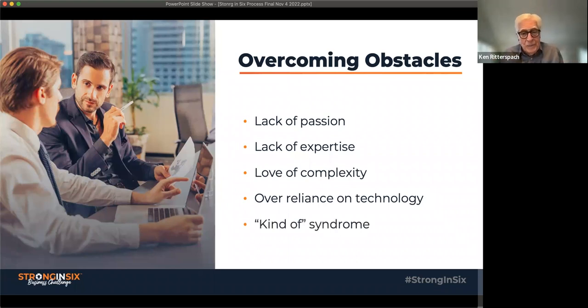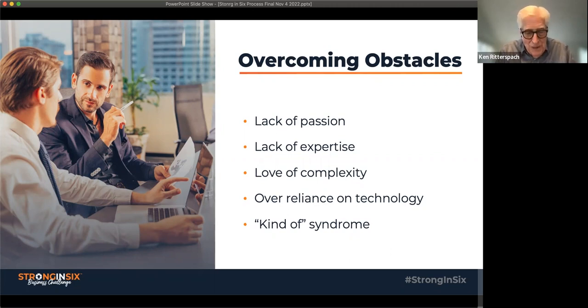The "kind of" syndrome. I love this. In the book, Peyton and Gonzalez talk about this, and it's a really fun part of the book, so I wanted to mention it. So you come into an organization and you start to probe a little bit about their EOS or about their processes and then say, well, do you have L10 meetings?